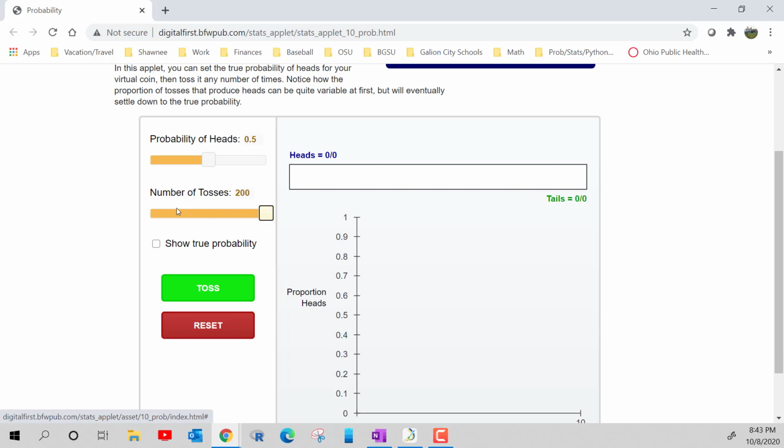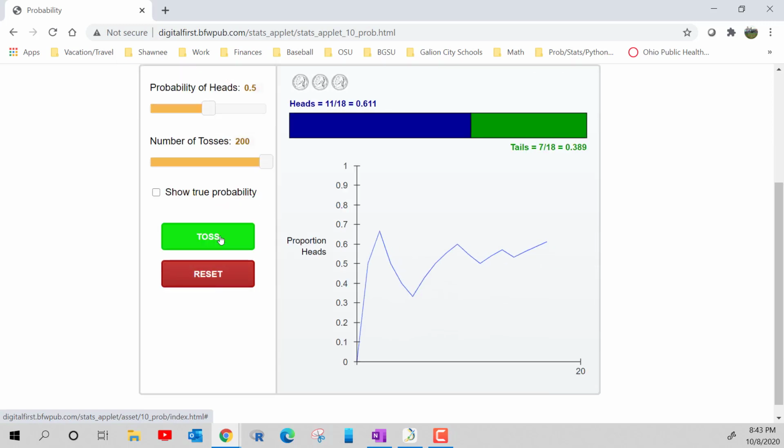So I'm going to put the number of tosses all the way up, and I'm going to hit toss, and I'm going to keep hitting it a bunch of times.